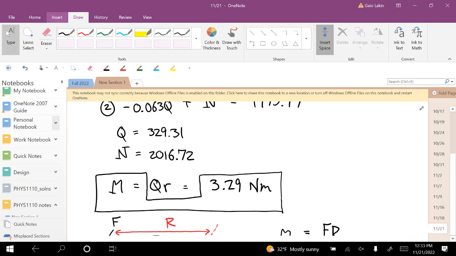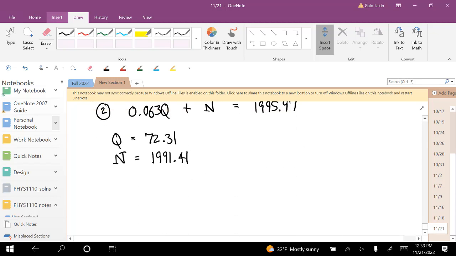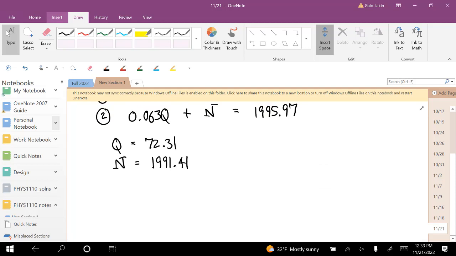It was 329 before, now it's 72. And the couple then is equal to Q times R, which is 0.72 Newton meters.